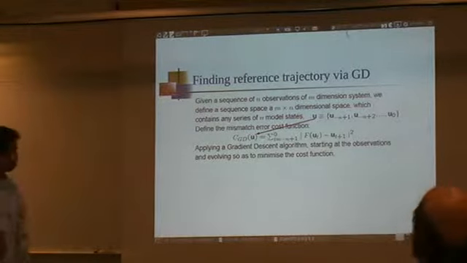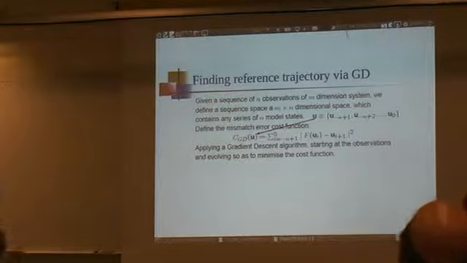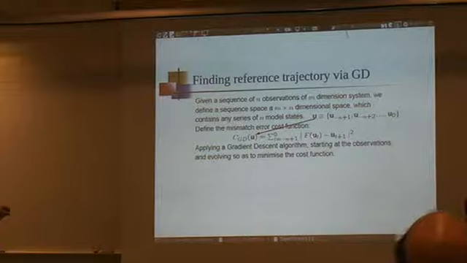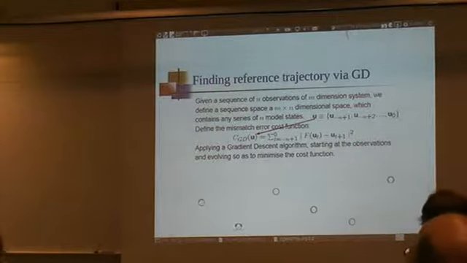Usually these series of model states are not on a trajectory; they are pseudo-orbits. That will give us non-zero mismatch error cost functions, particularly at the observations. So our method is very simple. It's just to minimize this cost function using some minimization algorithm, for example gradient descent, and we start the minimization from the observations.